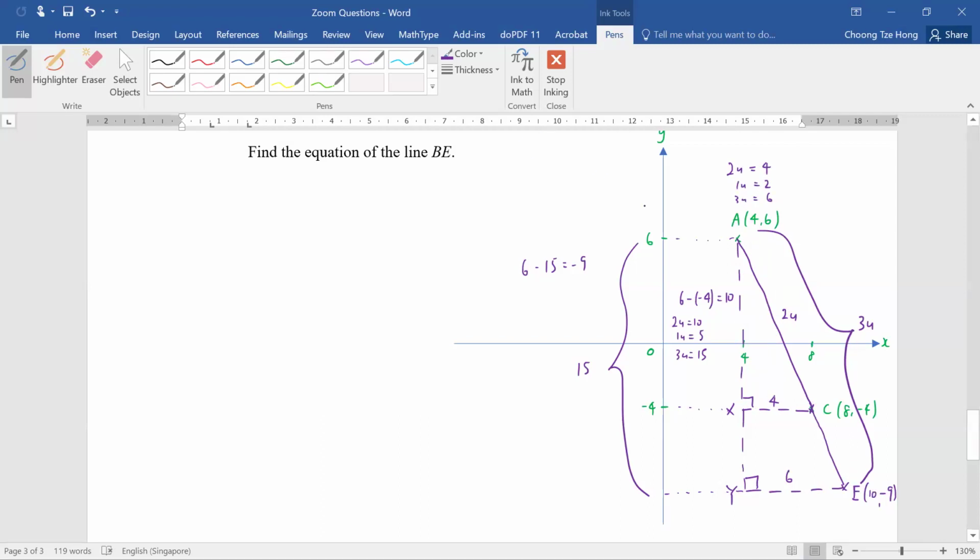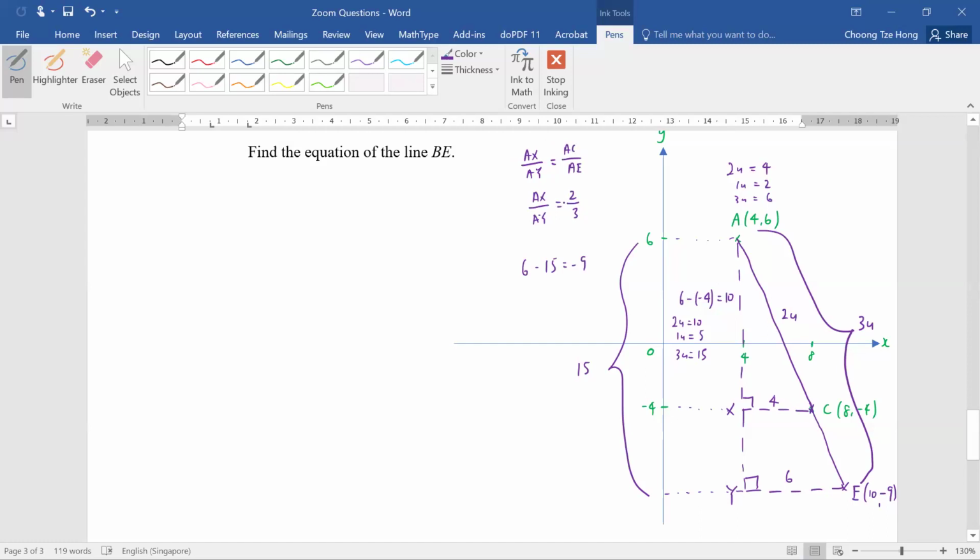For those of you who have problems thinking, what we can do is write out the ratio. AX over AY is going to be the same ratio as AC over AE. So AX over AY is going to be 2 over 3.